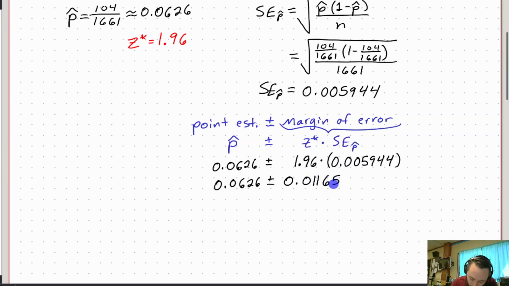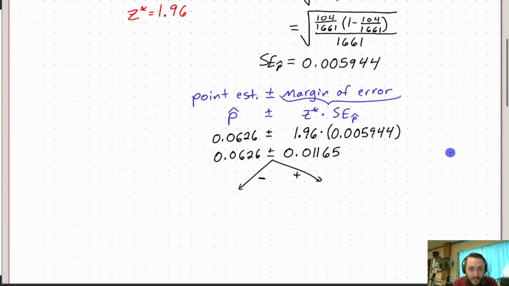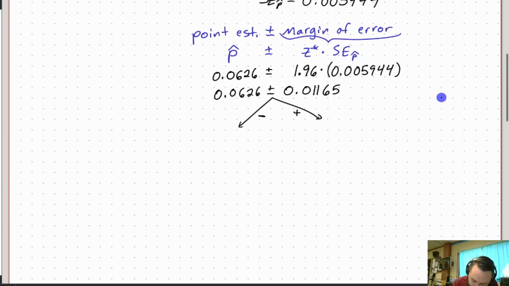Now this is going to split up into two numbers, a subtraction and an addition, because that's what it is. So we have 0.0626 minus our margin of error, and 0.0626 plus our margin of error.